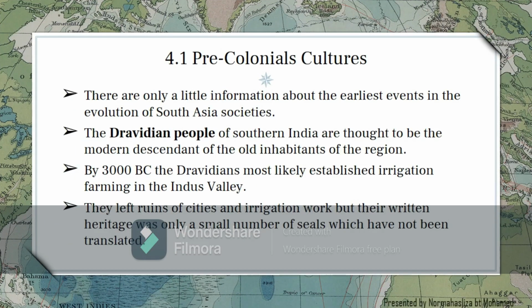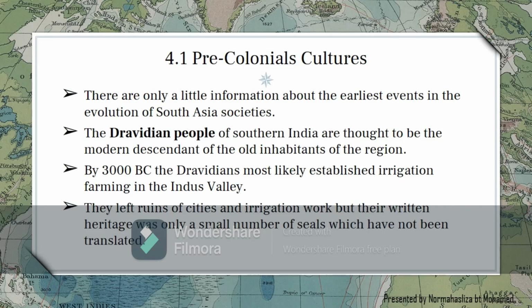Actually, not much can be obtained about the earliest events in the evolution of South Asian societies. The Dravidian peoples of southern India are thought to be the modern descendants of the old inhabitants of the region. It was believed at one time that Dravidians were the original inhabitants of India.